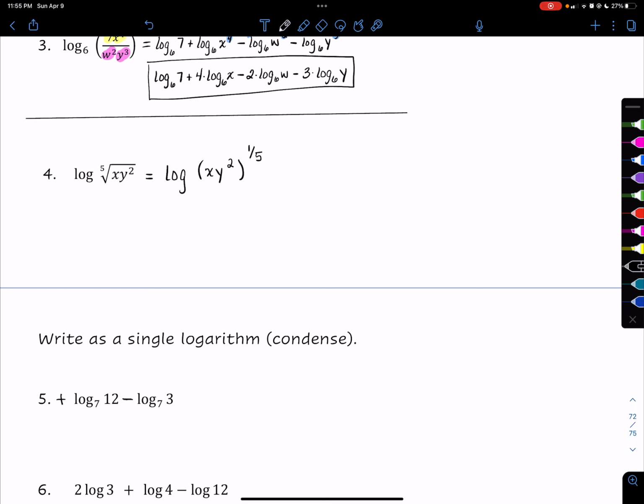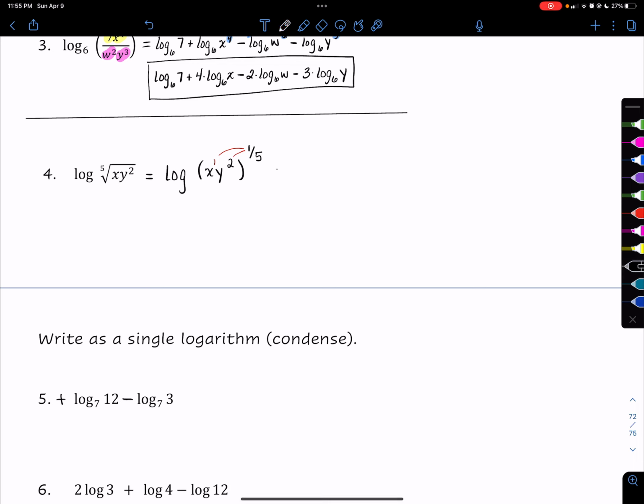Now what I'm going to do is take that 1/5 and distribute it to each of the exponents or the powers on the inside. So 1/5 times 1 and 1/5 times 2. Okay.